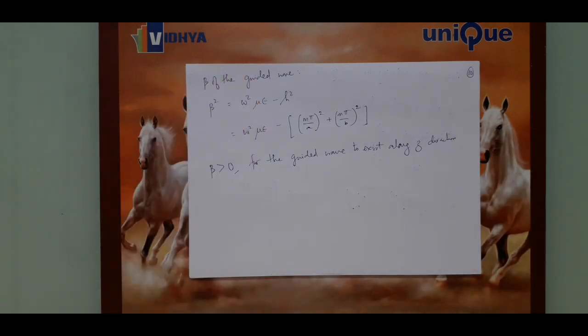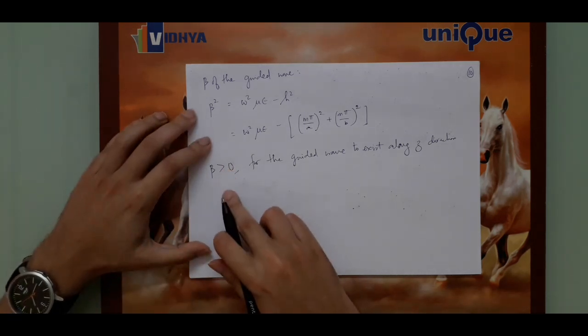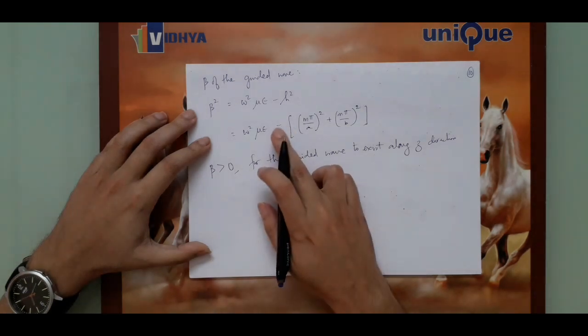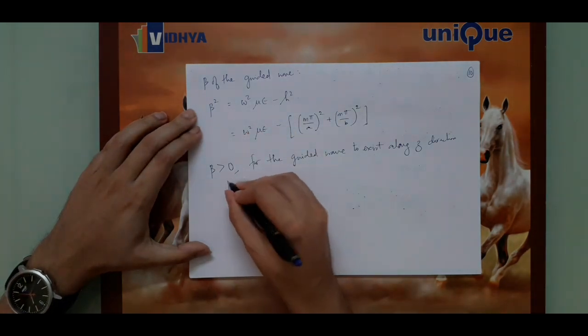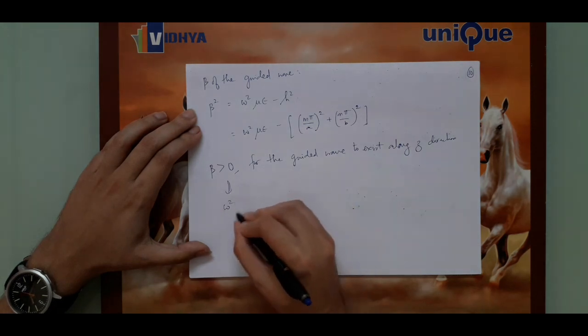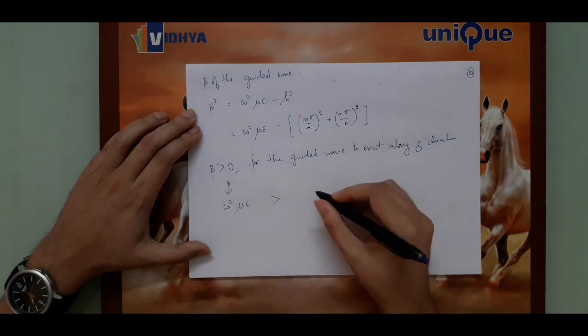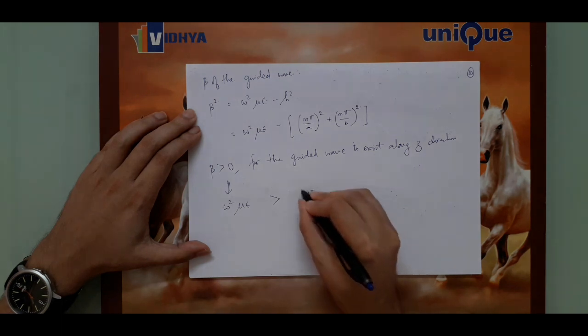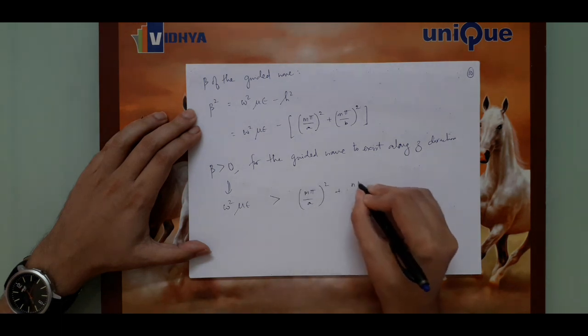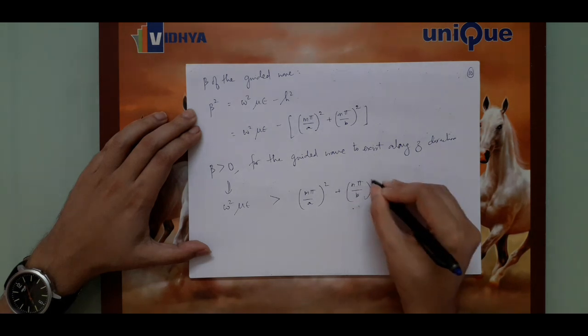So beta must be more than 0, which means omega square mu epsilon should be more than this quantity.